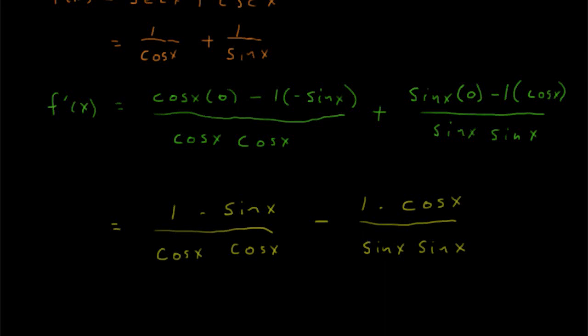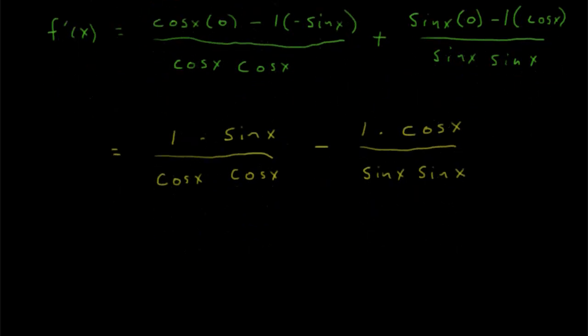Okay, now let's take a look at what we have, and let's take each of those terms and divide it into two factors. Let's take the 1 over cosine x as one factor, and sine x over cosine x as a second factor. Same thing in the second term: 1 over sine x and cosine x over sine x. Now we've seen these before.